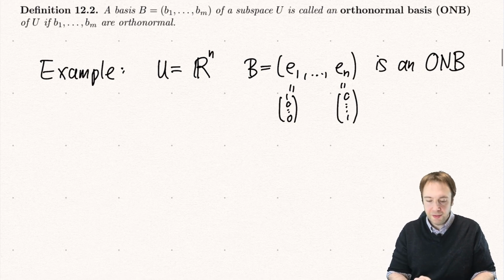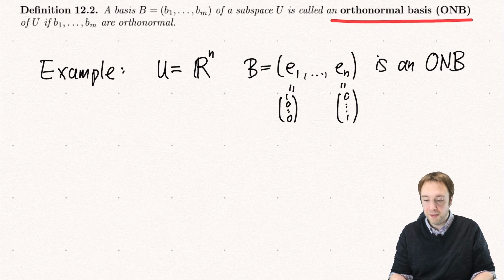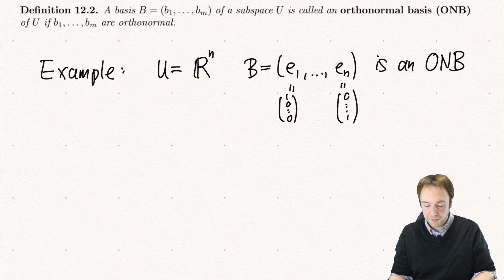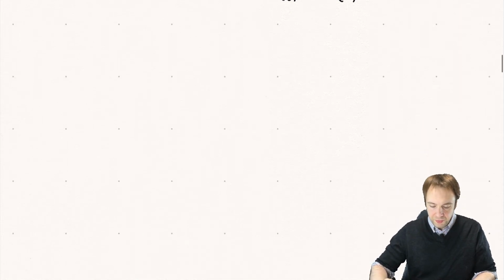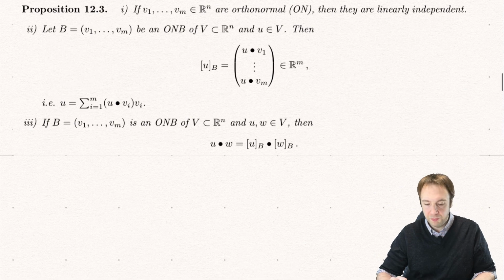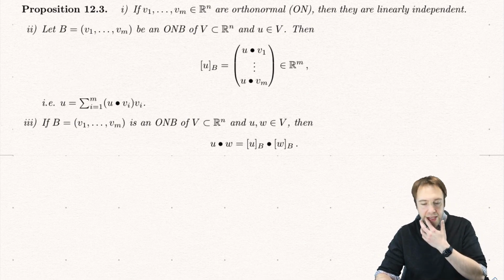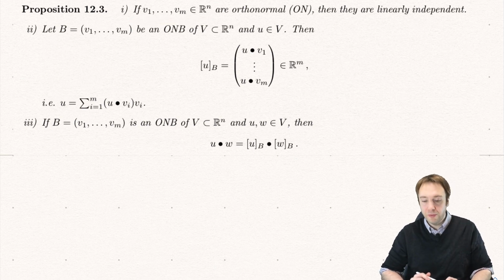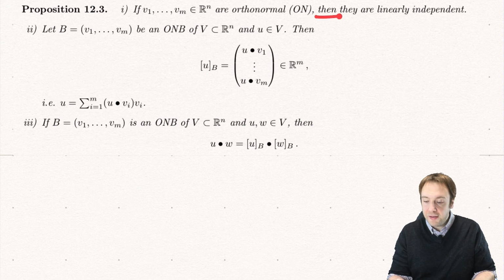Okay, but the goal today is to construct an orthonormal basis in general by starting with an arbitrary basis. But first, this proposition here. And so the first statement here is that if I have vectors which are orthonormal, then they are automatically linearly independent.